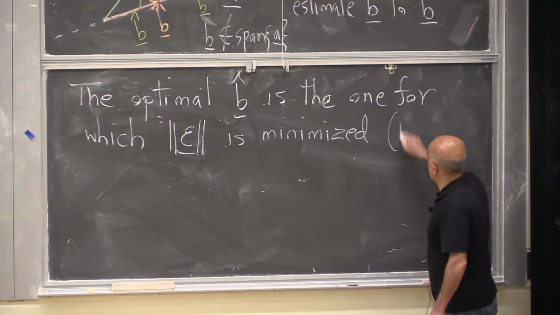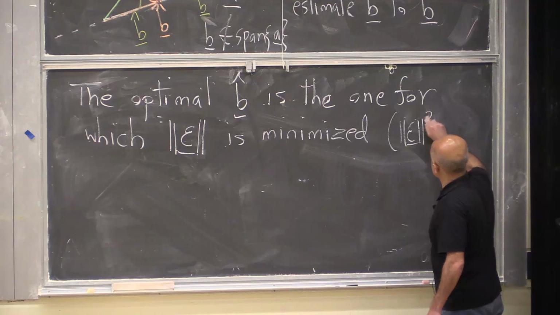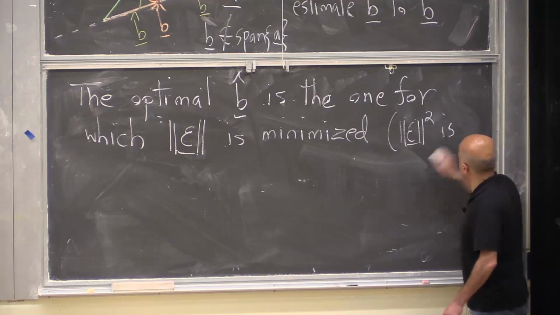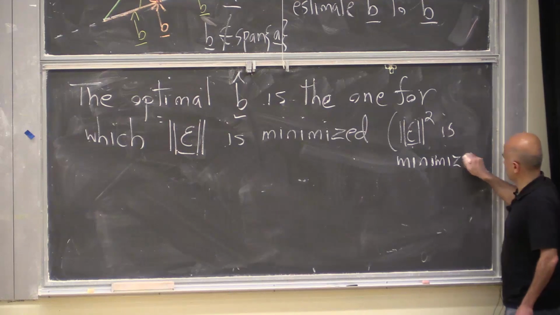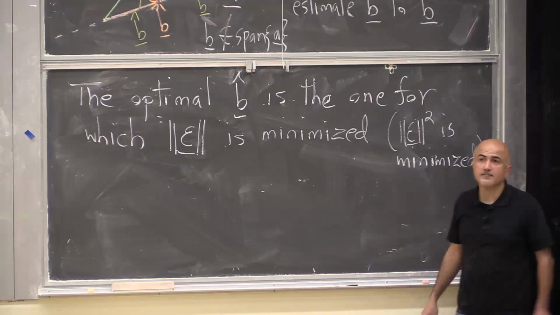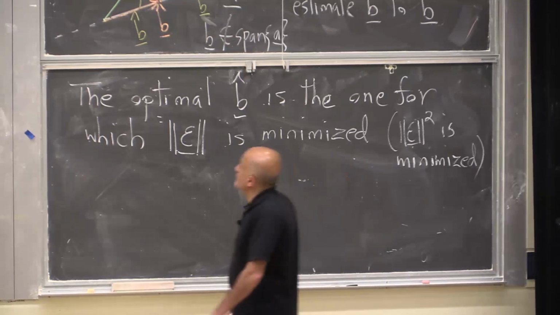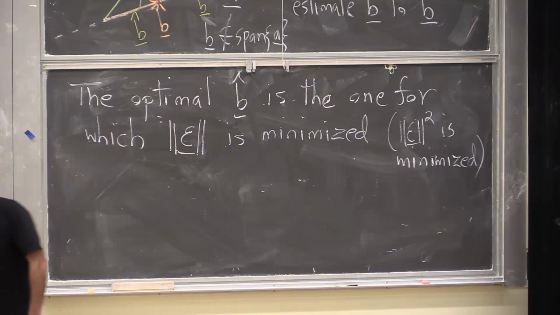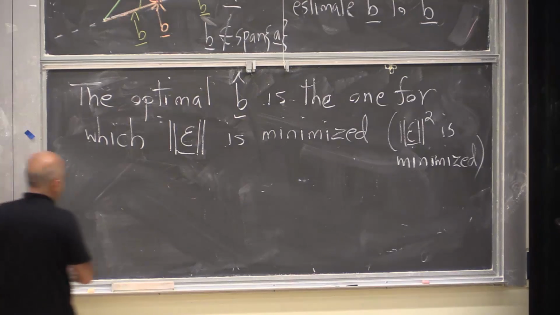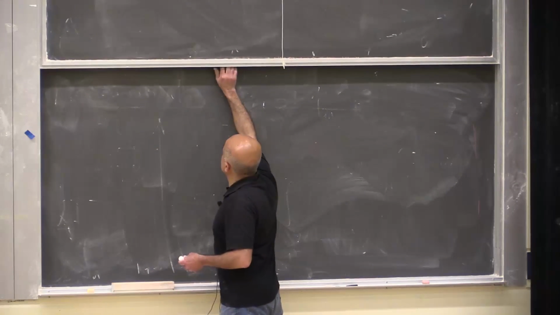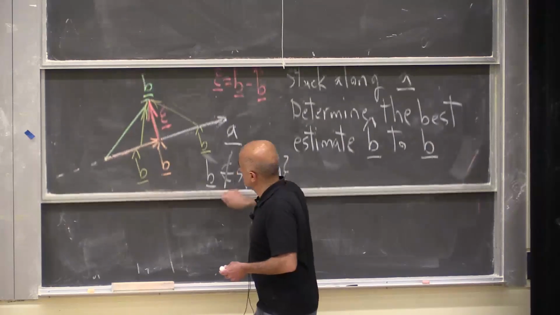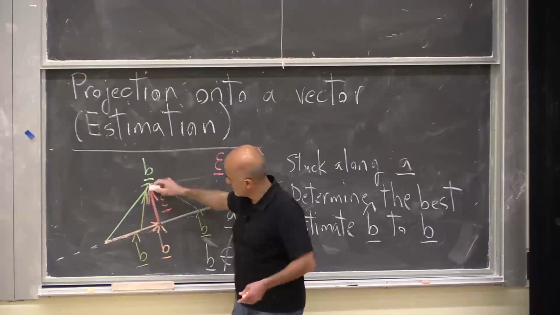And it's the same as saying the error squared is minimized. Why is it that that particular one is the minimum, the red one? What's special about this vector, John?